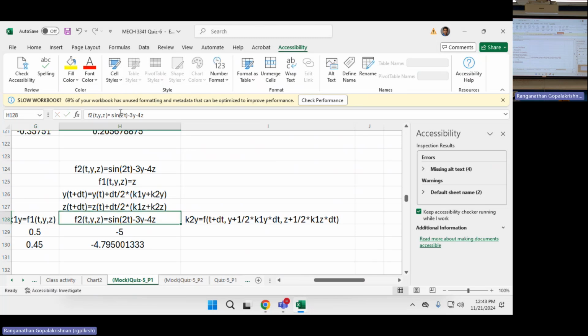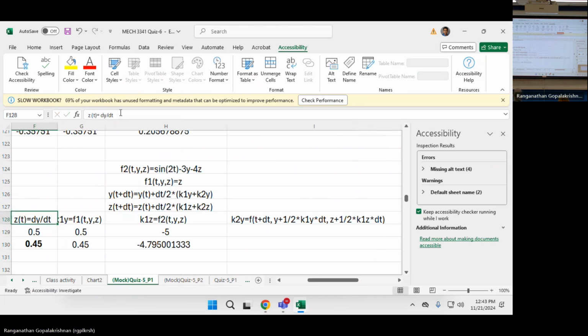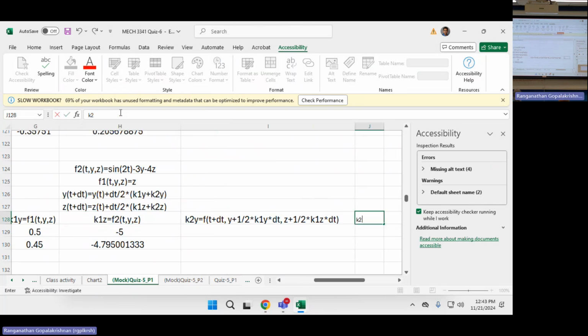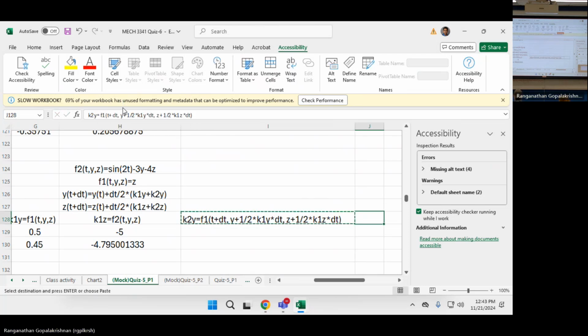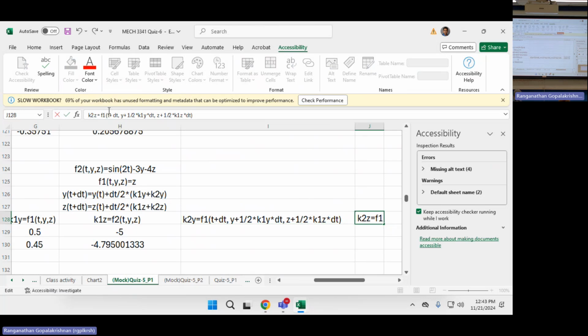K1z is the function f2 evaluated at t, y, and z. And then K2z is going to be the function evaluated at t plus dt, same arguments. So I can just copy this. I just have to write K2z is f2.